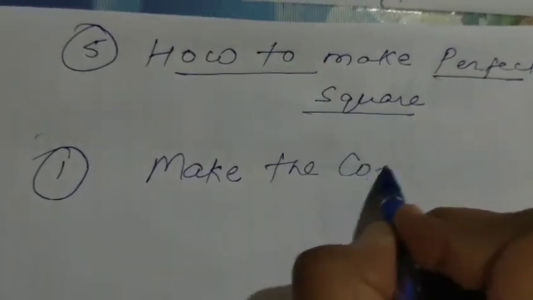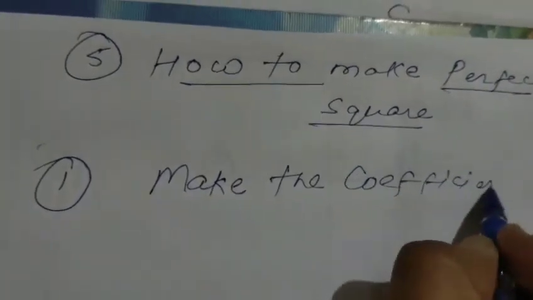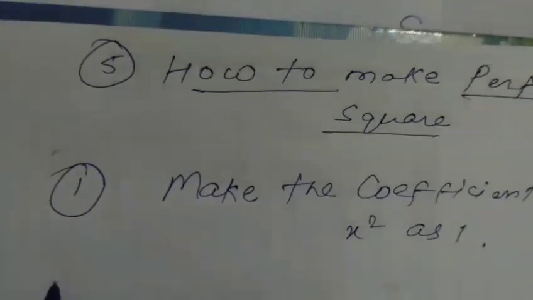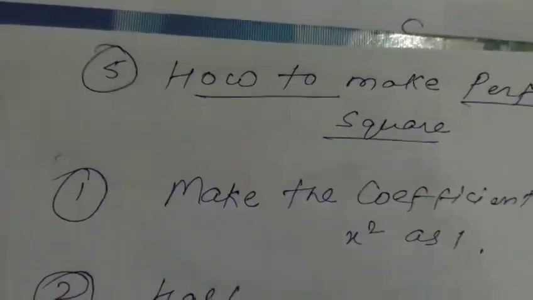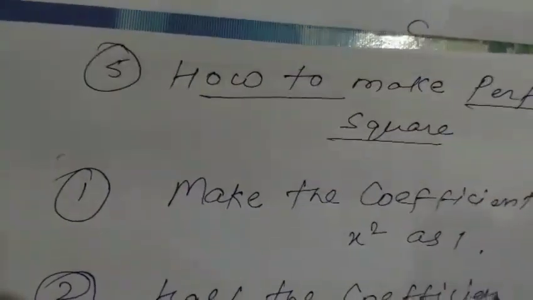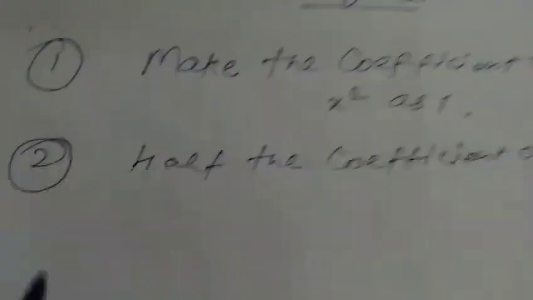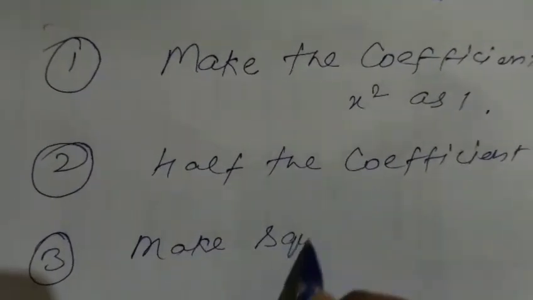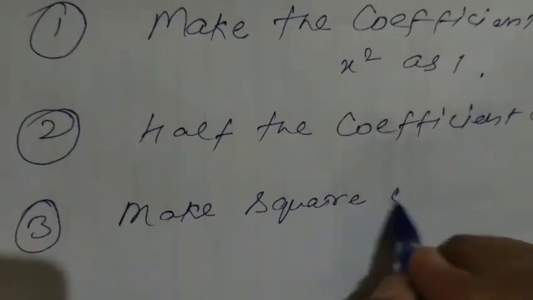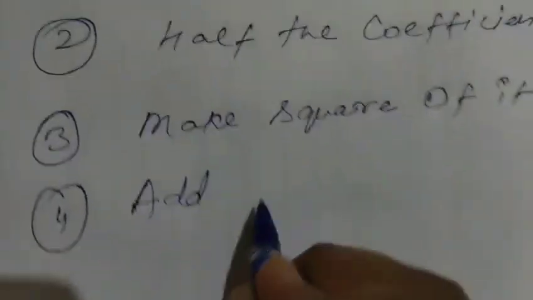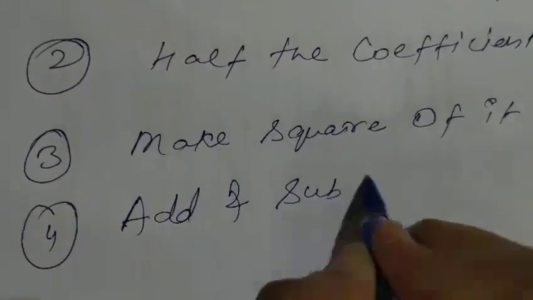Second, half the coefficient of x. Third, make the square of it. Fourth, add and subtract it.